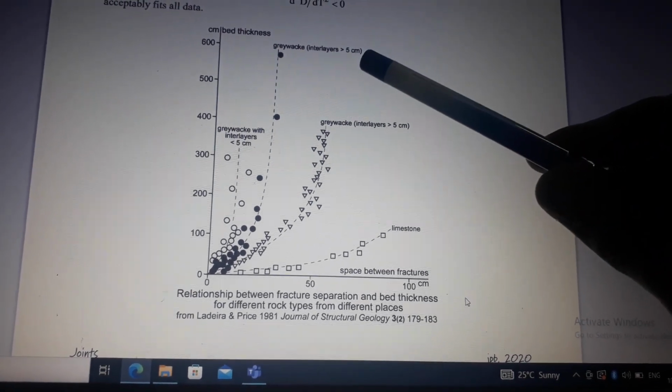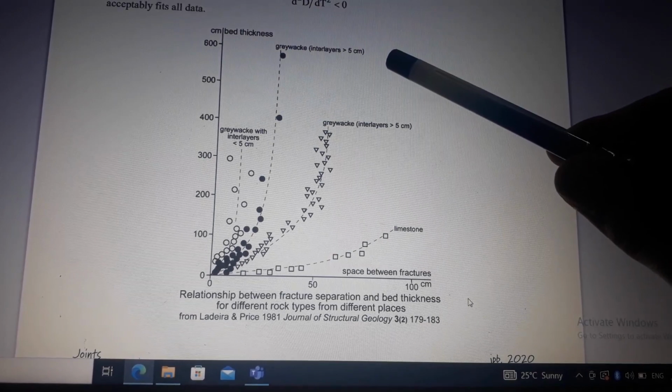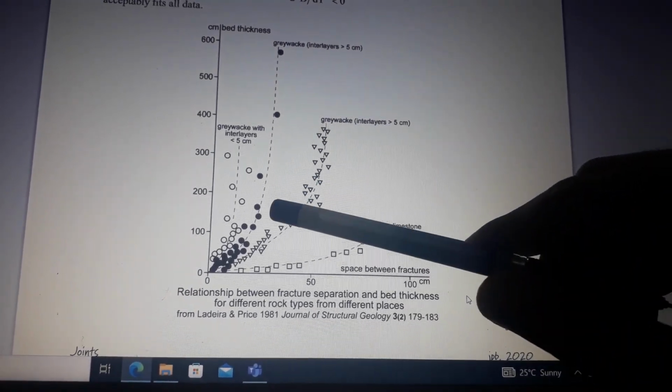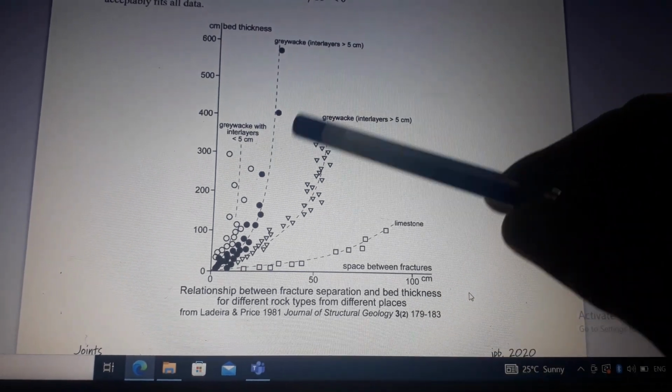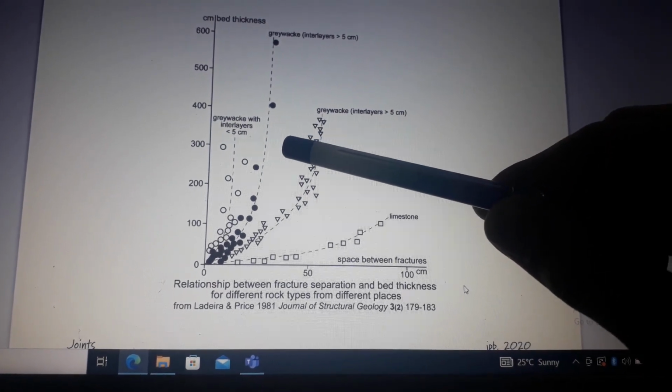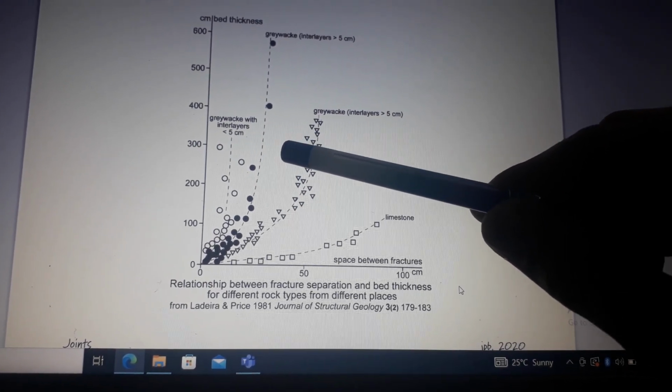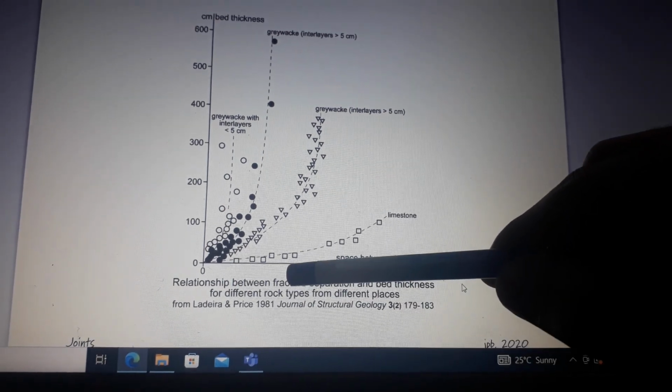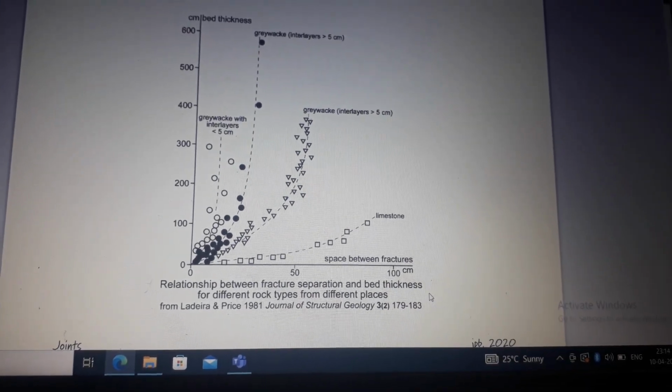Then graywacke interlayers greater than 5 centimeters, for bed thickness between 0 and 600 centimeters, lie from 0 to 50 centimeters. Then graywacke with interlayers less than 5 centimeters, from 0 to 50 centimeters. This is the relationship between fracture separation and bed thickness for different rock types from different places.